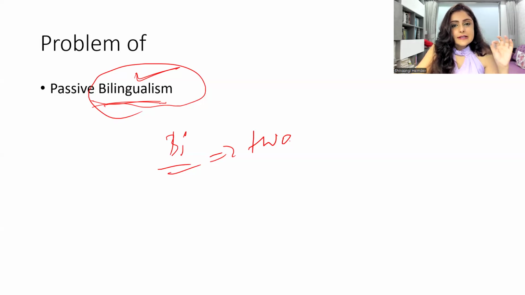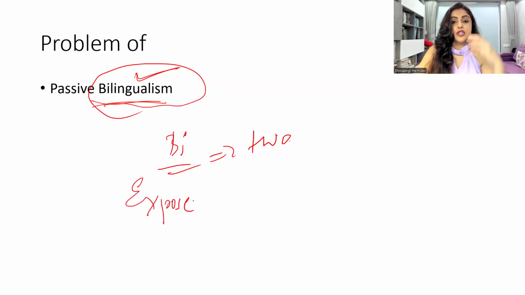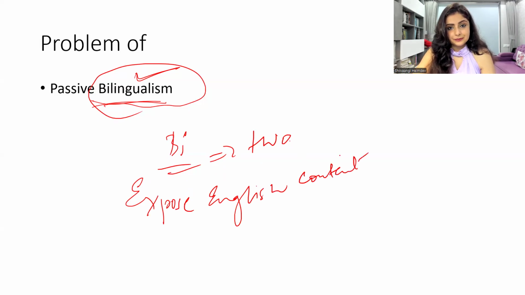Well, the first solution to this problem is expose yourself to English content. English content, very important. In all my videos, I often tell you that please make sure that your English brain is ready.